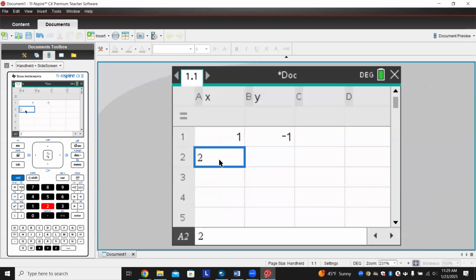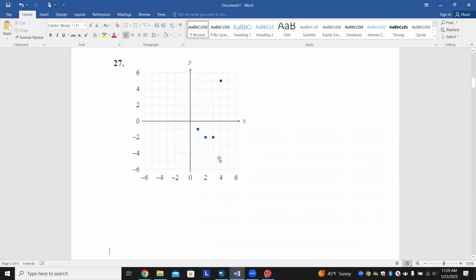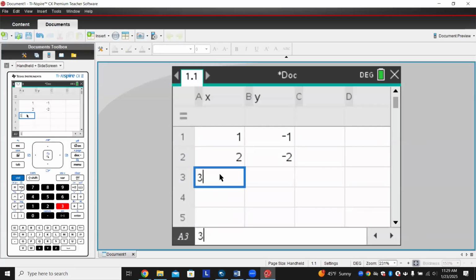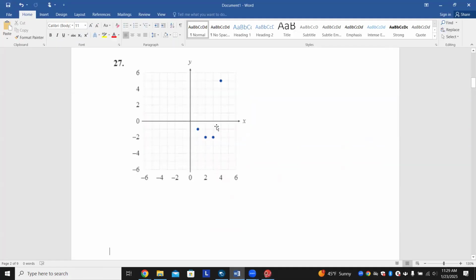So 2 comma negative 2. Next one, it looks to be like 3 negative 2. So we'll do 3, negative 2. And then the last one looks to be like 4 comma 5.